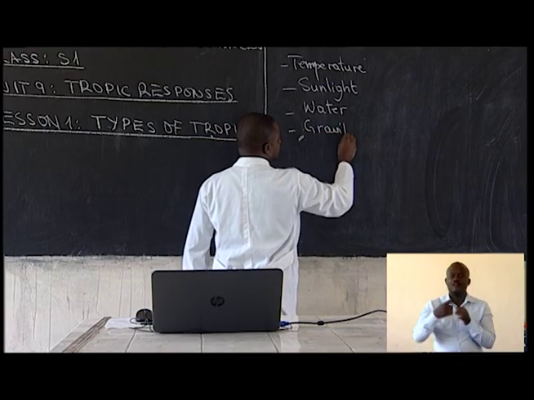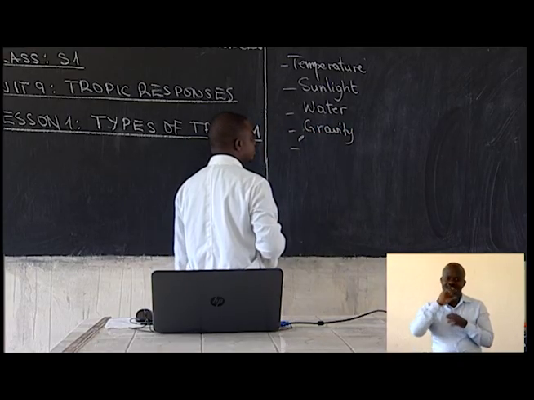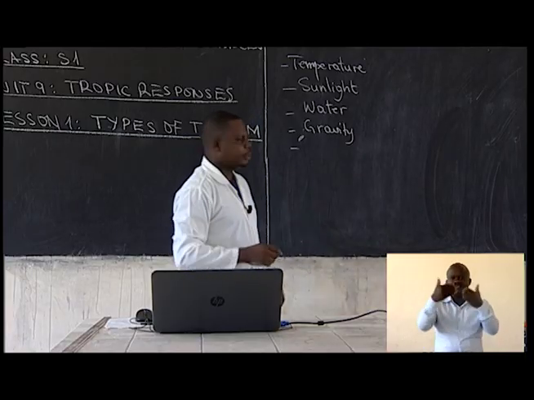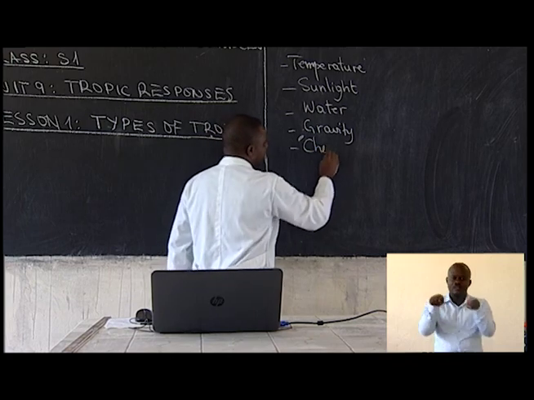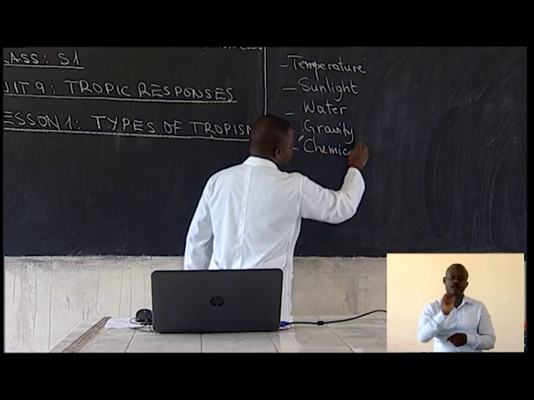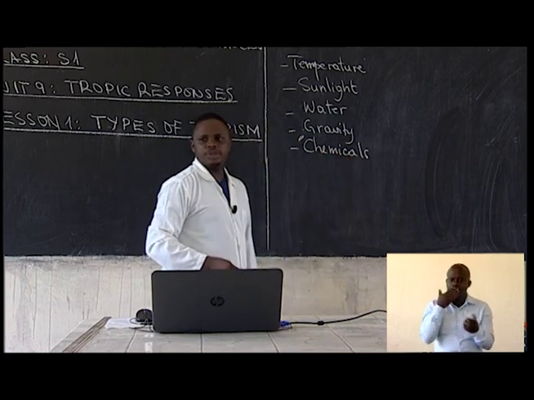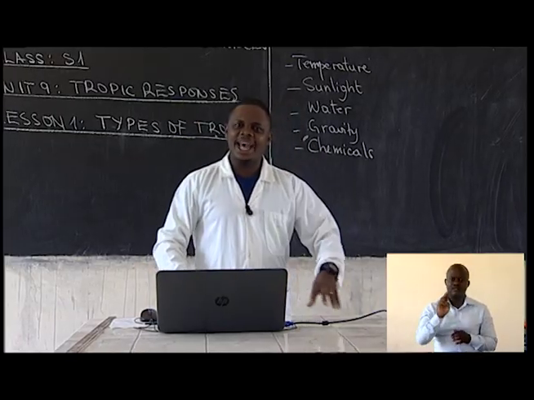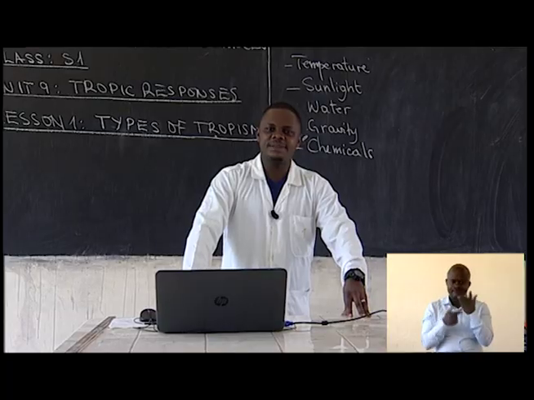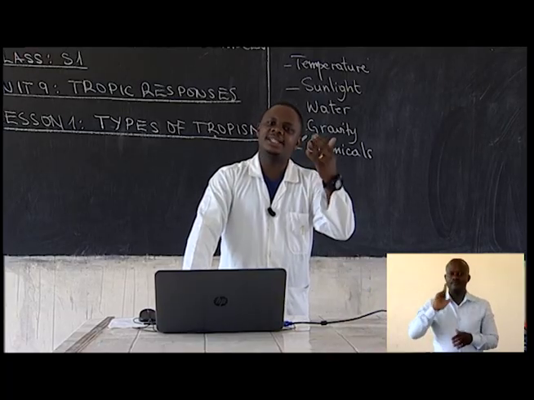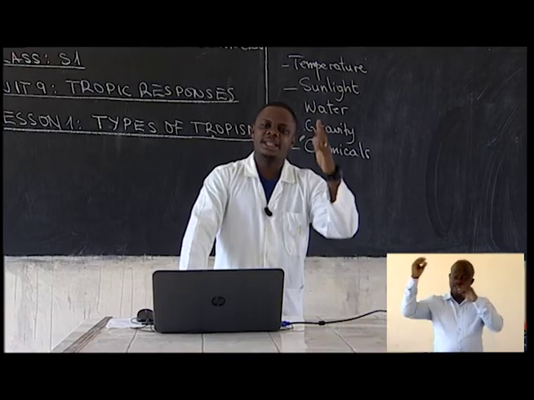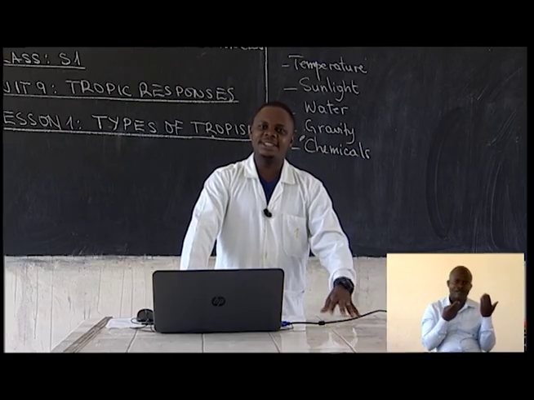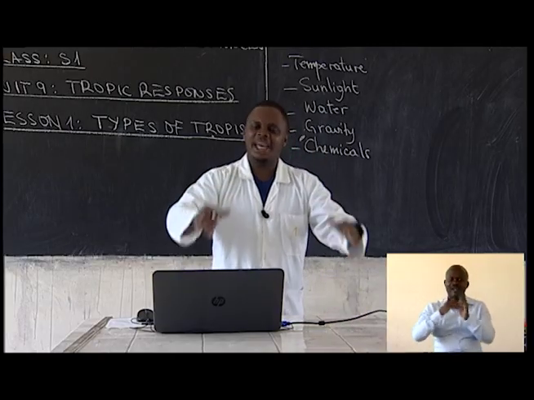Gravity is another example. And then we can give other examples like chemicals. Chemicals are also good examples of stimuli. We have given example of sunlight, temperature, water, gravity, and different chemicals.